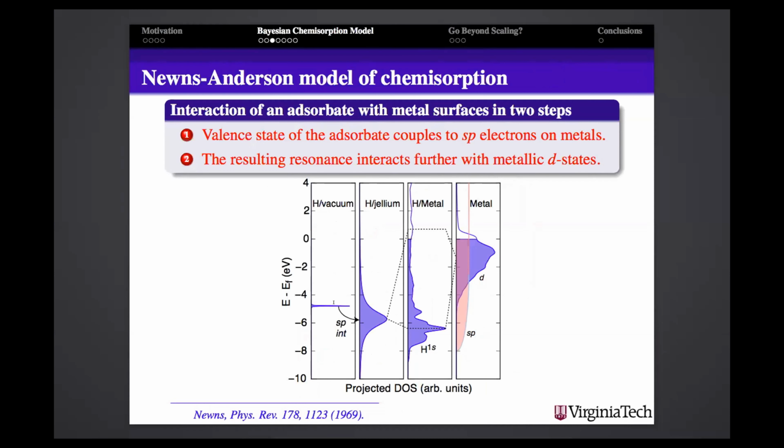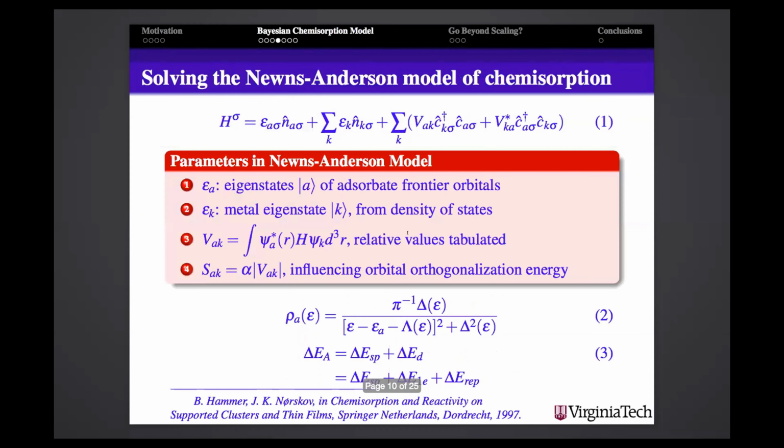So basically, the Newns-Anderson model can help us to understand how, for example, this adsorbate resonance state, the adsorbate energy level, interacts with the metal surfaces, forming this bonding state and antibonding state, and what's the formula to evaluate the binding energy of this type of interaction. There are some parameters we have to introduce, but I don't want to bother you with too much detail.